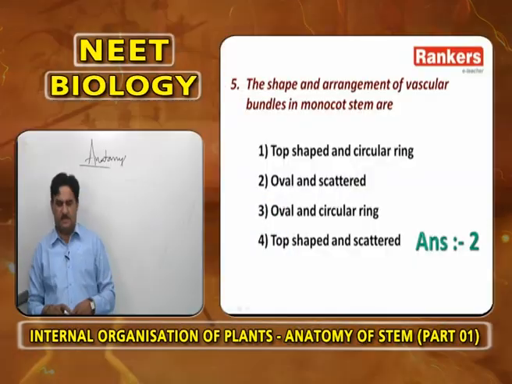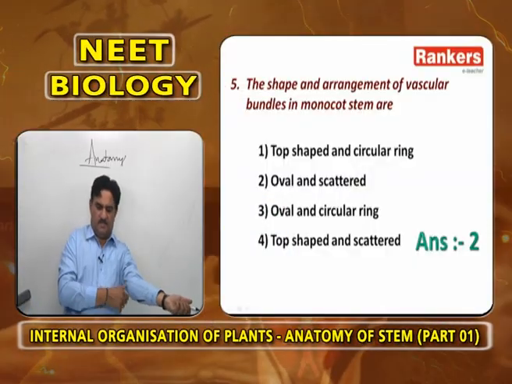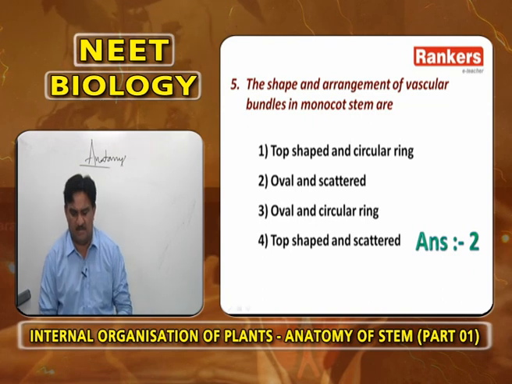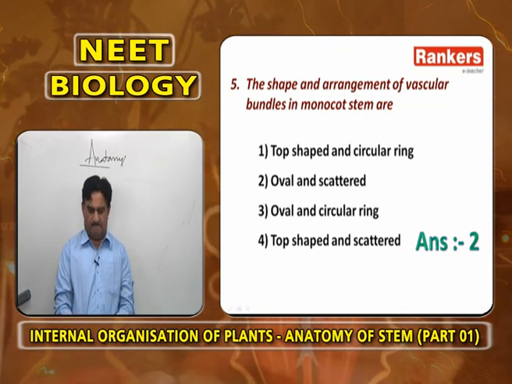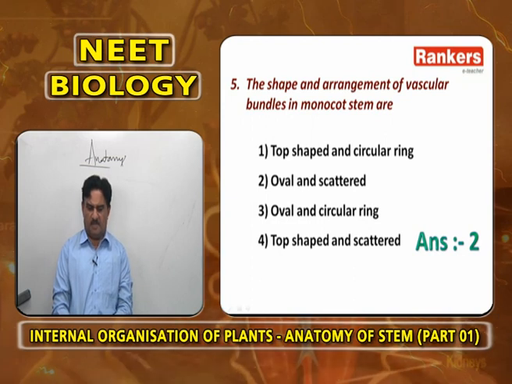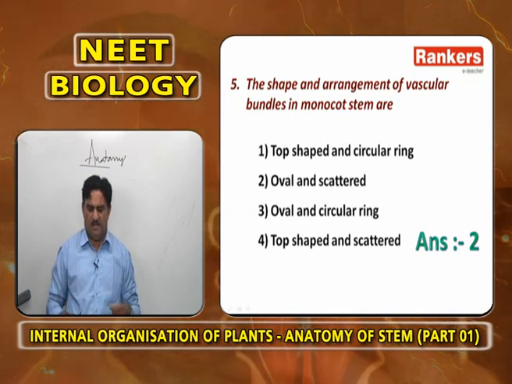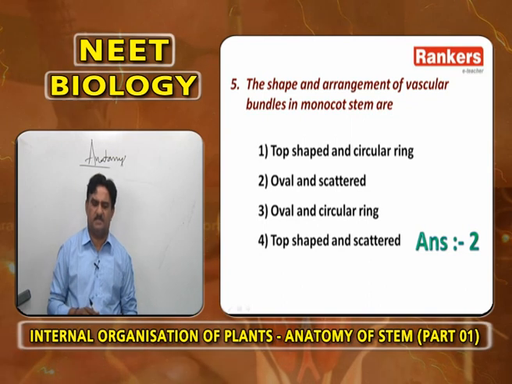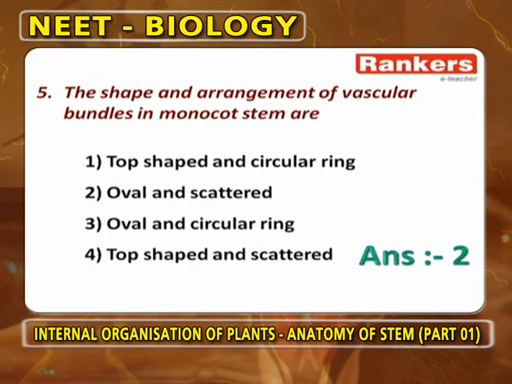So the vascular bundles in the monocot stem are not top shaped in a circular ring, which is the dicot stem. They are not at all arranged in a circular ring, and top shaped and scattered is also wrong. The answer is oval shaped and scattered vascular bundles throughout the ground tissue.